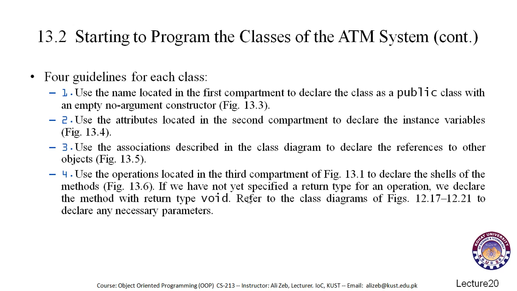We have identified all of our classes, the names of our classes, the attributes, the associations between those classes, and our methods. There may be return types. If not, then we can initially have void as the return type, and we can add the necessary parameters if we have already declared or recognized them.